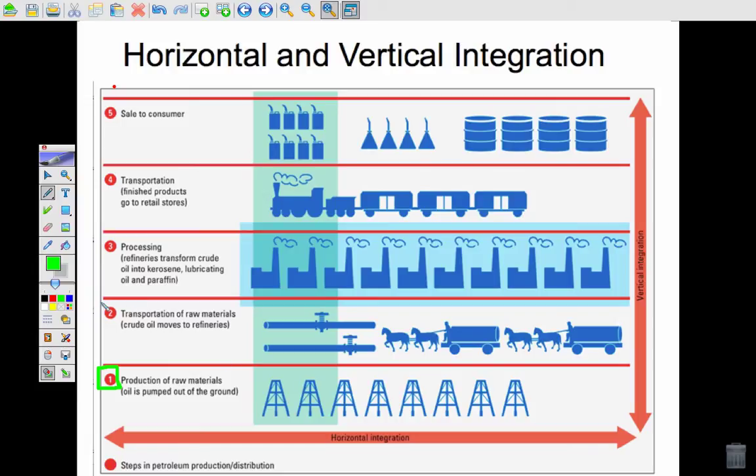Step two is the transportation of said raw material. So crude oil moves to the refineries. Essentially we ship this crude raw material to the refineries, which are step three.